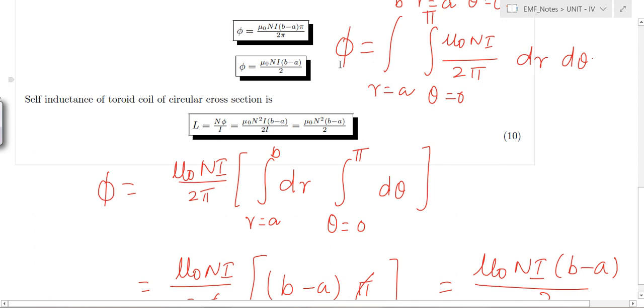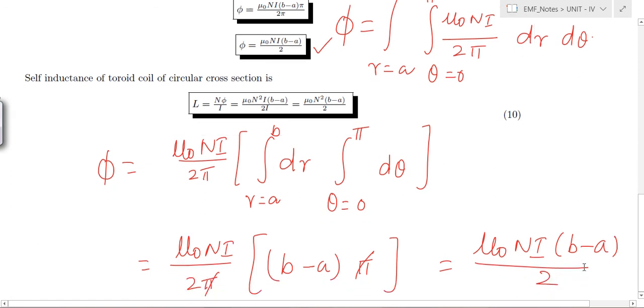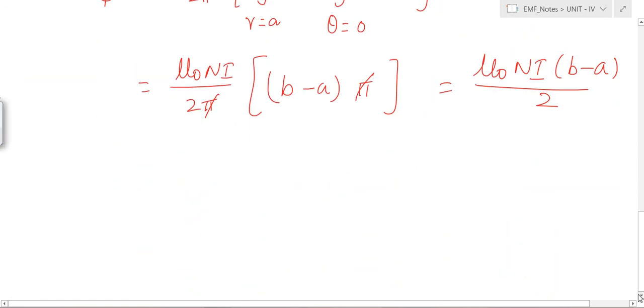Okay, so this is the value of flux linkage. Now, the self-inductance of the coil, L, is equal to total flux linkages divided by current. We know that psi is the flux produced by the current I, and N is the number of turns, so the total flux linkages is equal to N psi divided by the current to which they are linking.